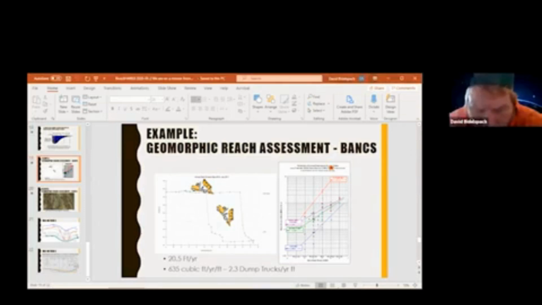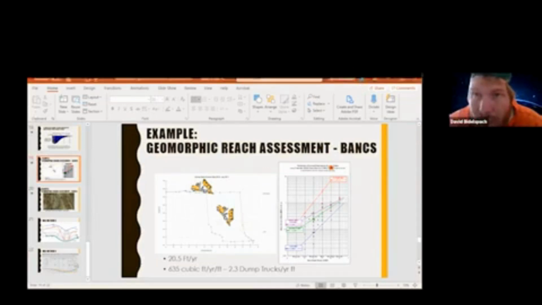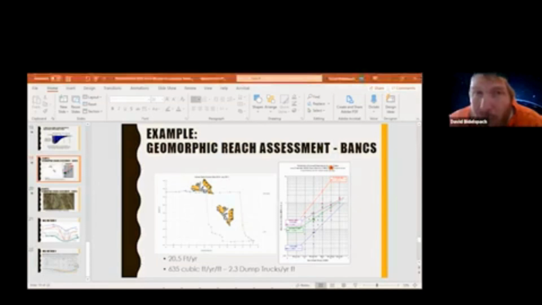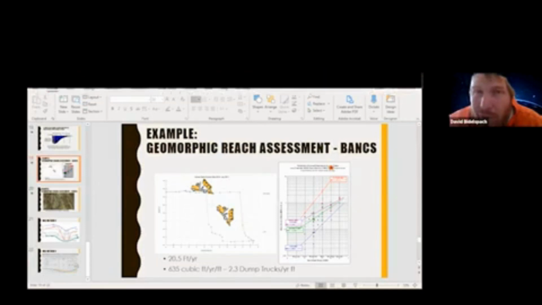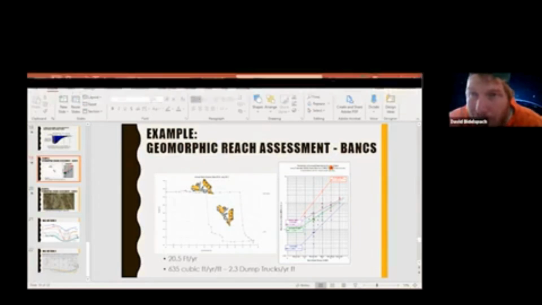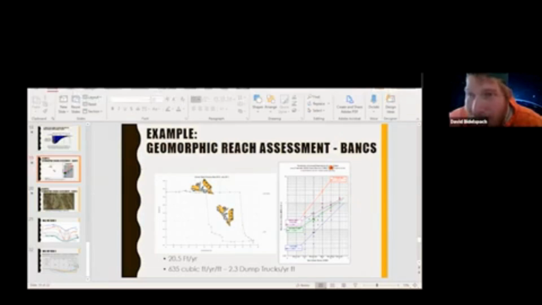Yeah, and I've struggled with that too, Mike. Pretty similar in the sense that I like the tool. Originally, when we originally went out with Dave years ago, we had 1/9 of the channel being the extreme near bank shear stress.